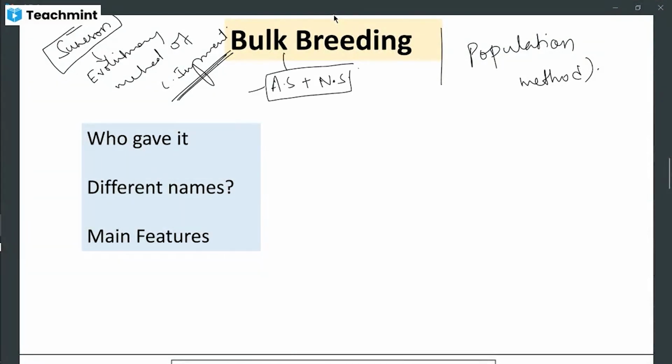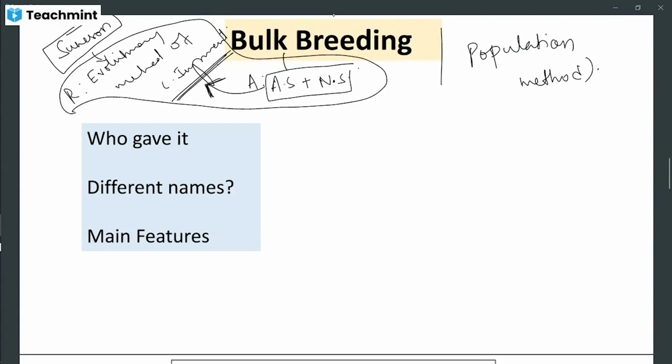So it was ultimately defined as the evolutionary method of crop improvement. Please remember, this might be the assertion and this might be your reason. Such type of question. Is it right?